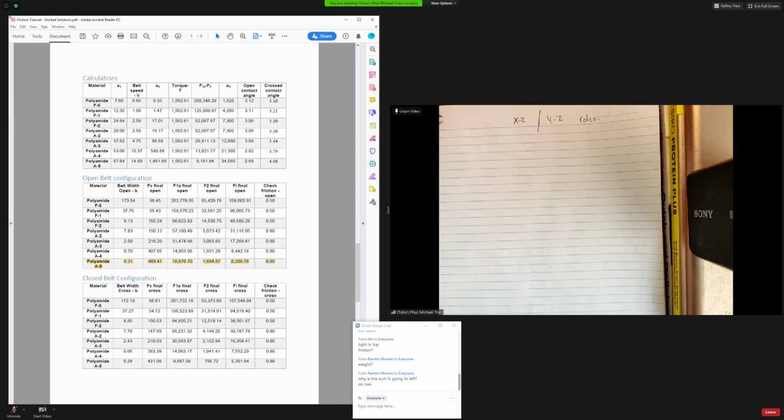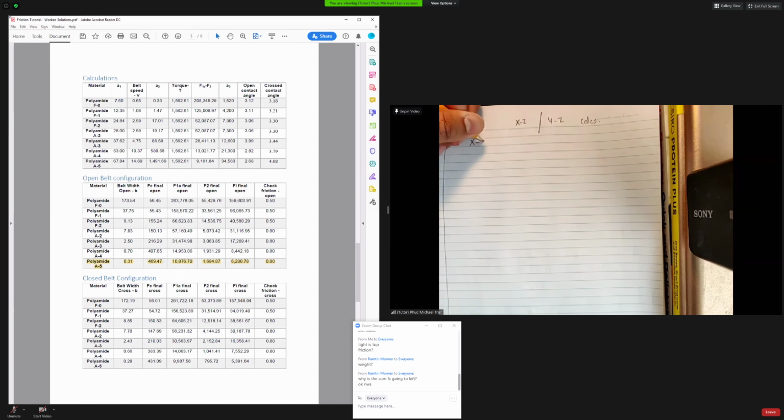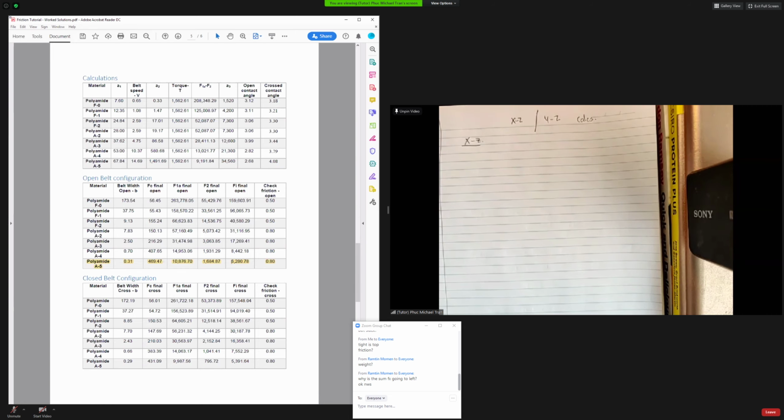Start off, X again. So this would be a side view, sorry, a top view. I made that too big.